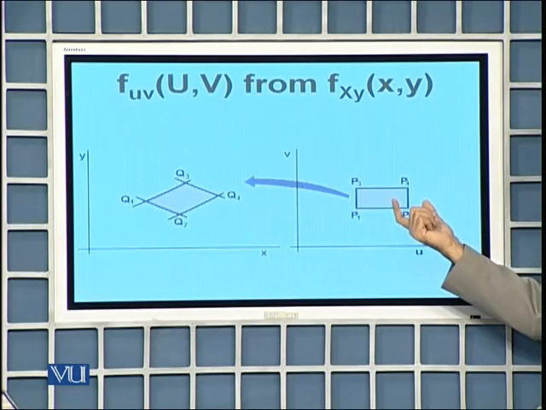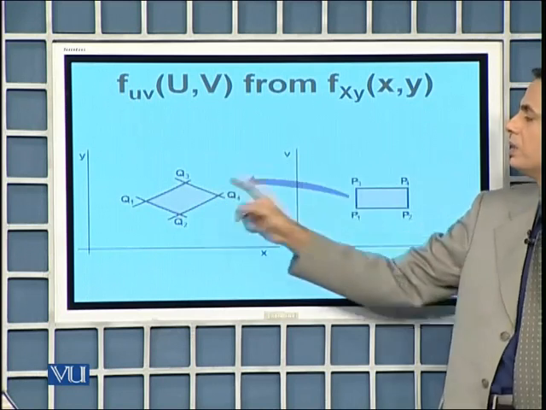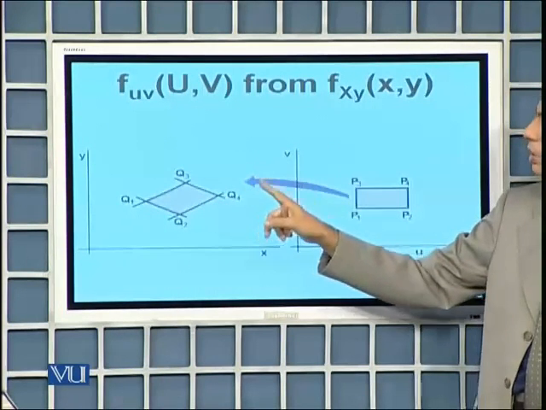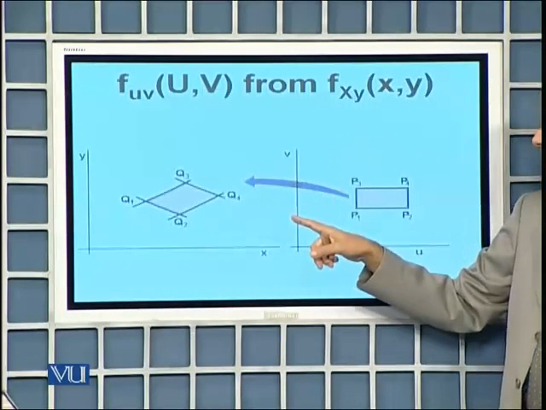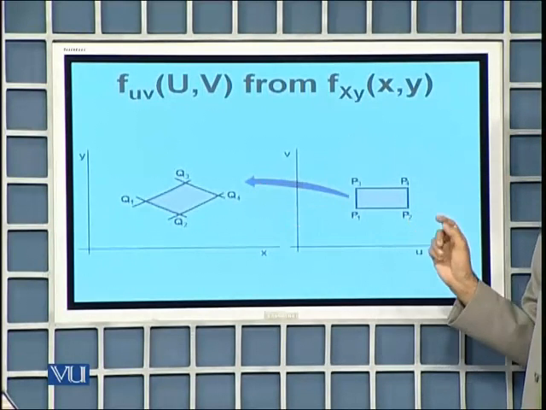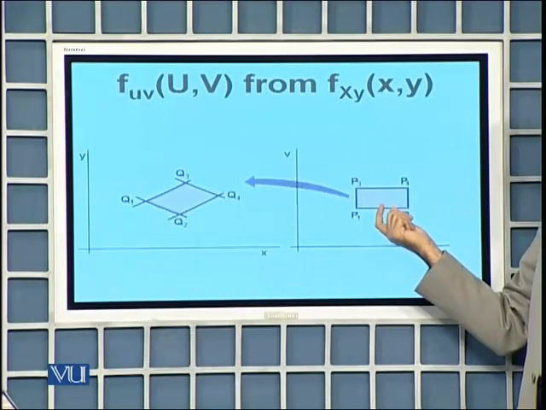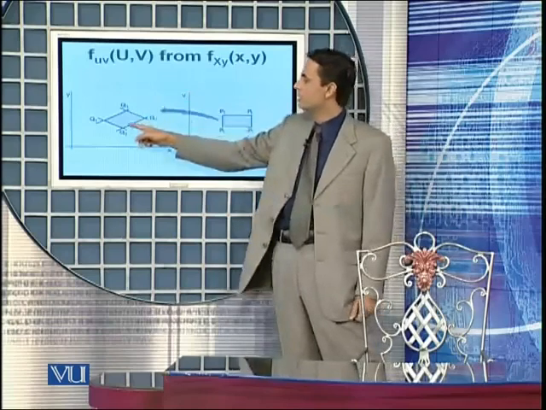This rectangular region gets mapped to this almost parallelogram region through inverse mappings of phi and psi. And the most important assumption that we are going to rely upon is that if this region is a small region, so is this region.